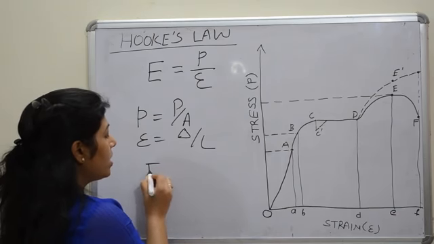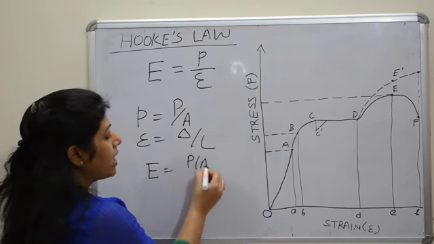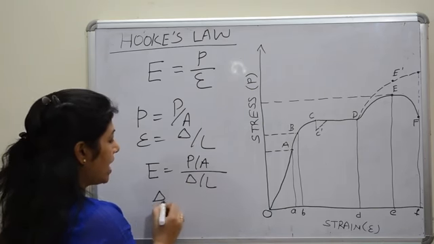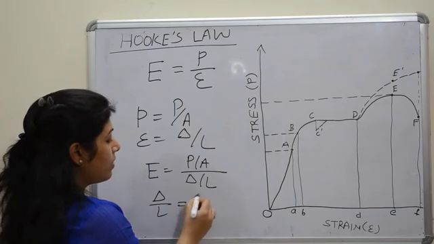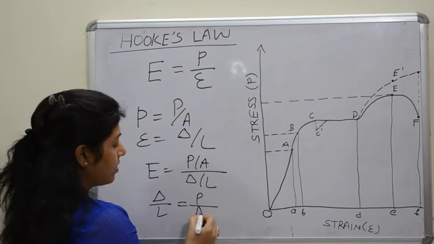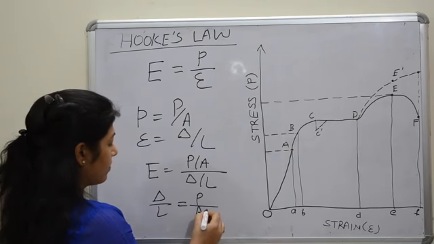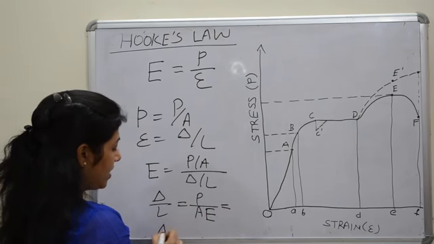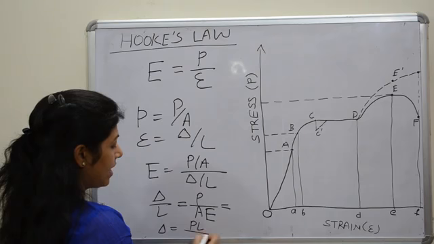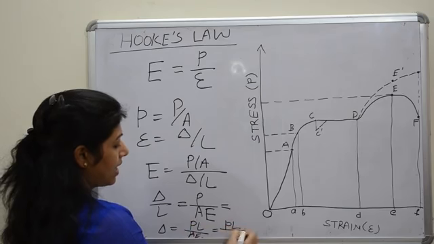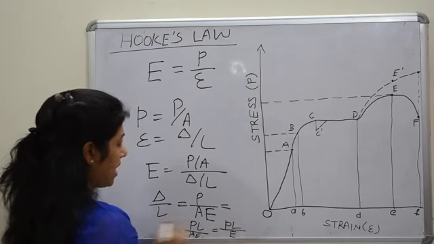E equals P by A divided by delta by L. So this will be equivalent to delta equals P L by A E, which is also equivalent to delta equals small p L by E.